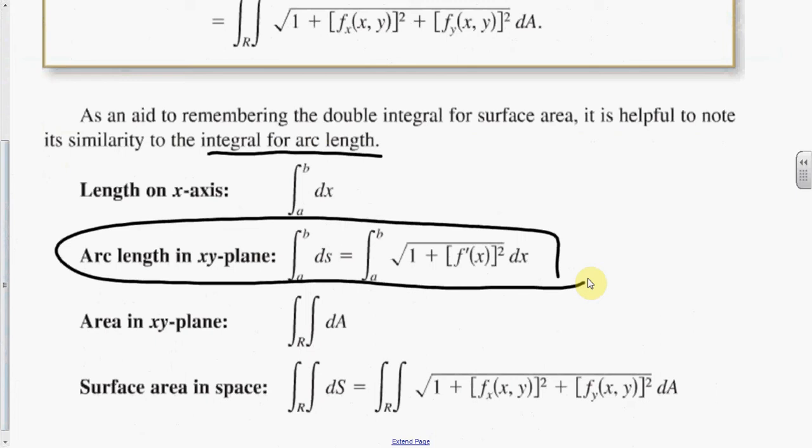Do you see how from calculus 1 we have this single integral, this arc length formula? You see how similar that is to now in calculus 3 with this double integral for the surface area? You see how the formula here is given as well? Let's see where it comes from.